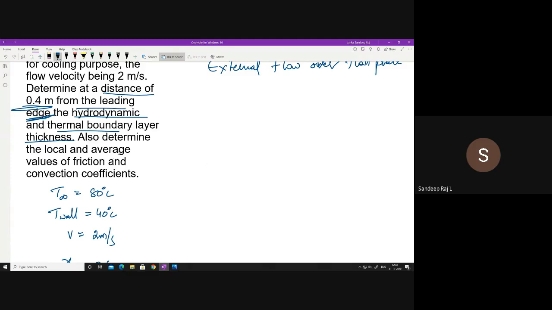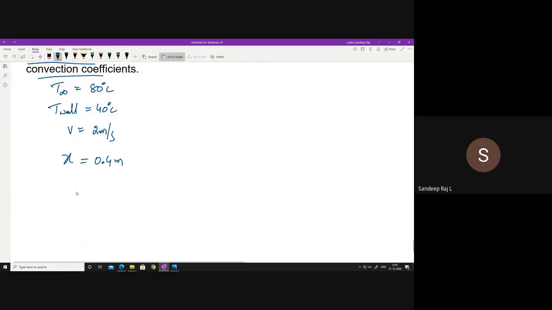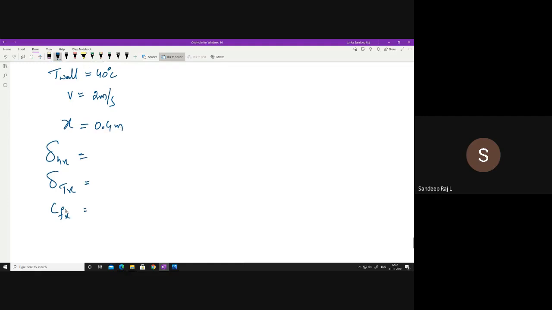Also determine the local and average values of friction coefficient and convection coefficient. So what you have to do here is get the hydrodynamic boundary layer thickness delta_Hx, delta_Tx, and you also have to get C_Fx and C_FL, where C_FL means average.